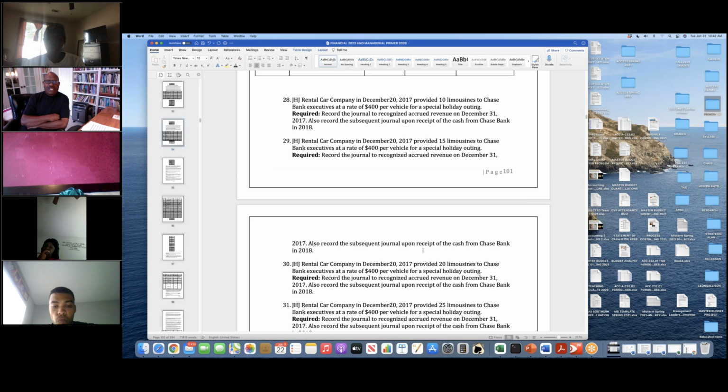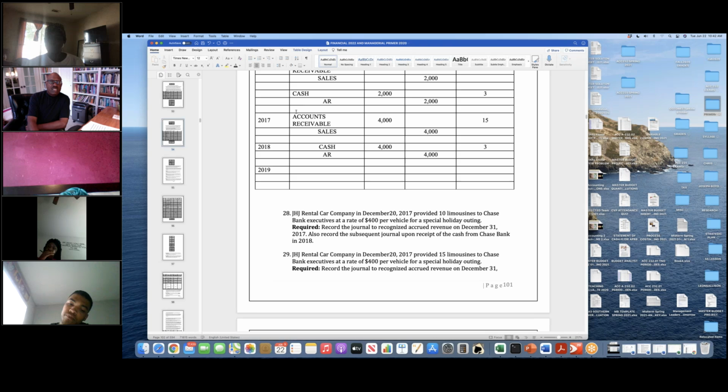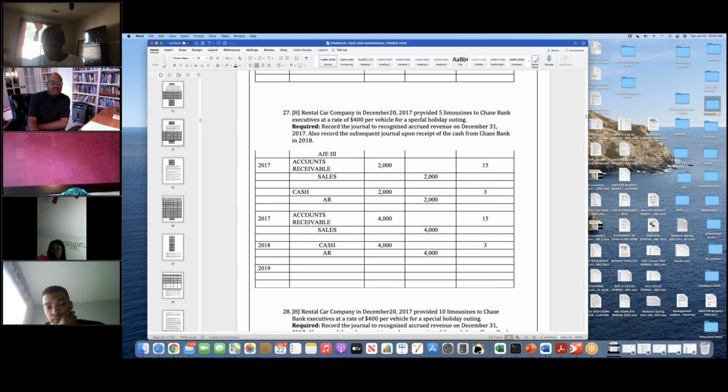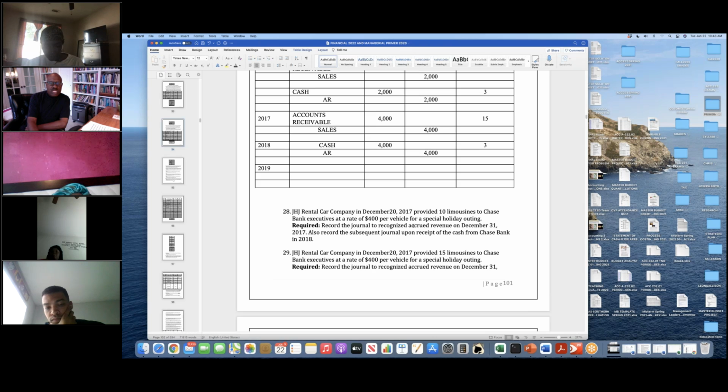For 28, it's 4,000 for accounts receivable and 4,000 in sales. That's correct. You just debit accounts receivable 4,000, credit sales, debit cash, and credit accounts receivable 4,000. 27 was up top, and then 28 was below it.